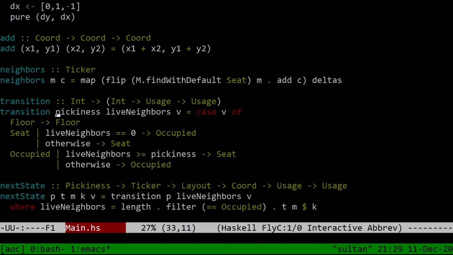It does not take a pickiness. Rather, it takes a... Oh. It does, though. Well, this can just take an int, because it doesn't need the other stuff. That's fine.